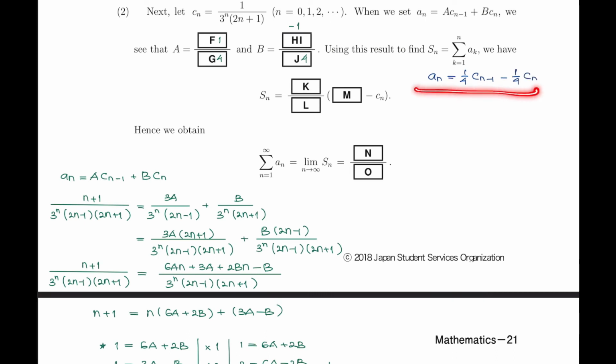This is our an. What I want to find is Sn equals the sum from k equals 1 until n of ak. If I want to know the expression of ak, I just substitute n with k. So Sn equals the sum from k equals 1 until n of 1 over 4 Ck minus 1 minus 1 over 4 Ck.